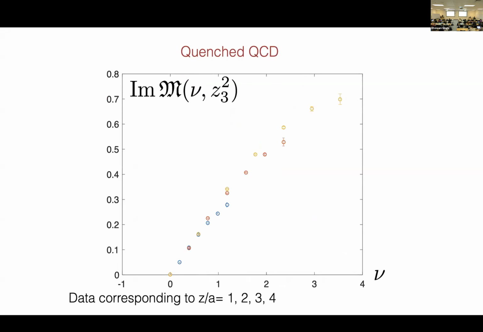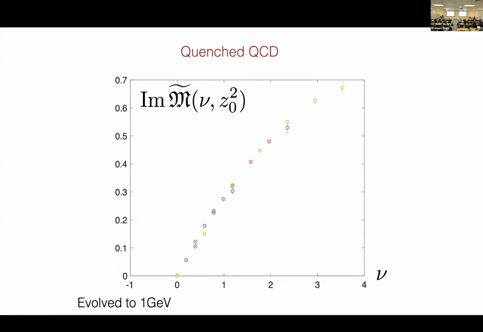And the same thing goes for the imaginary part of this matrix element, where you have a bunch of points color-coded by their value of Z square, and I can evolve it to the same Z square, and now you see that all these points fall on a more or less universal curve.